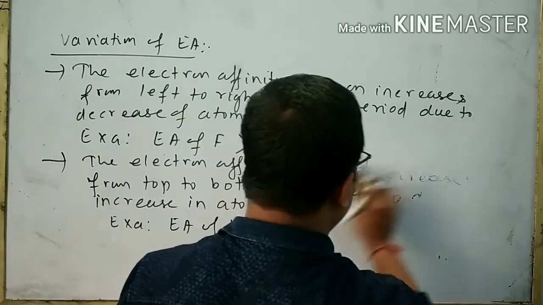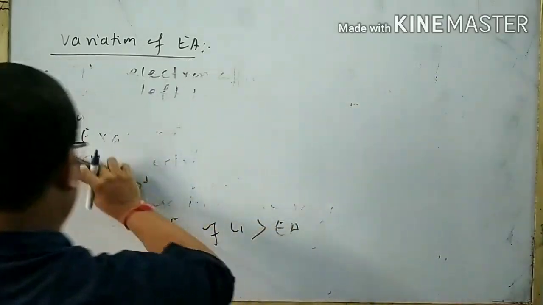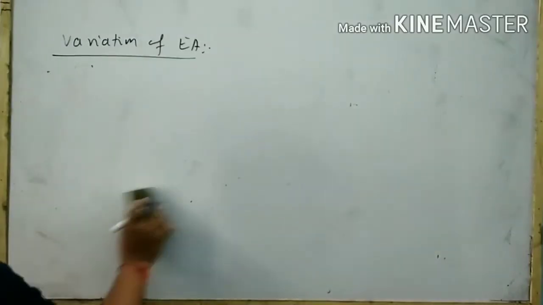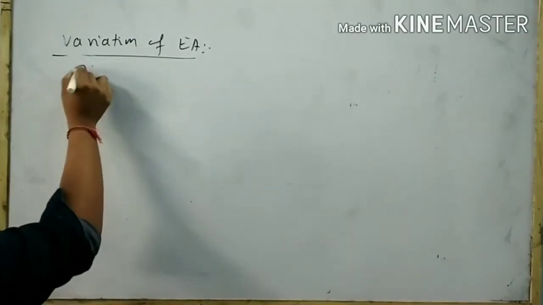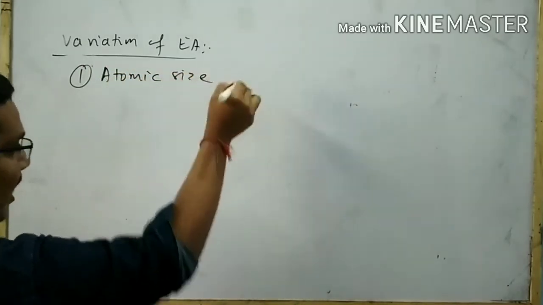Next I will discuss the factors. Already discussed one factor, that is the effect of atomic radius. So we can write first, atomic size, related to the atomic radius.